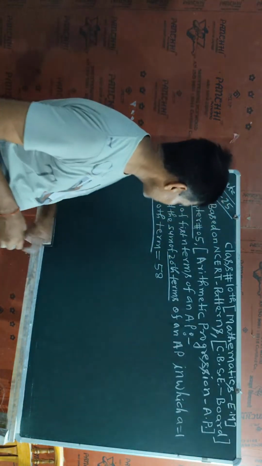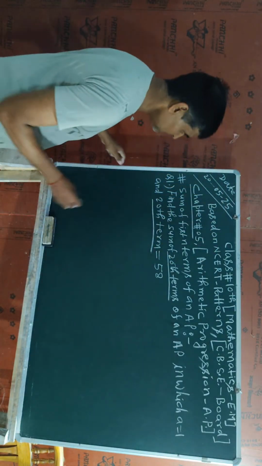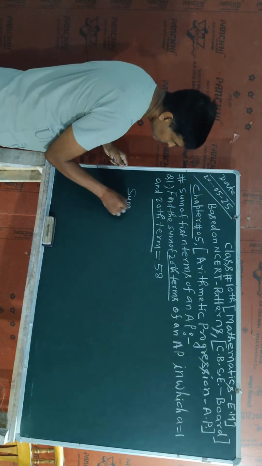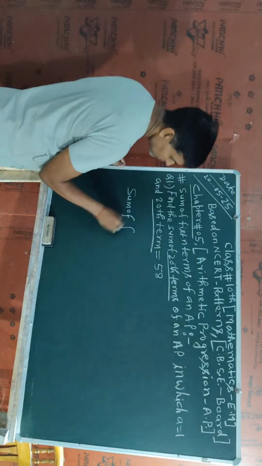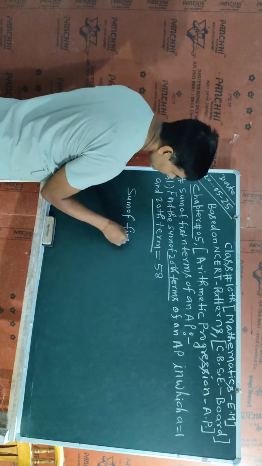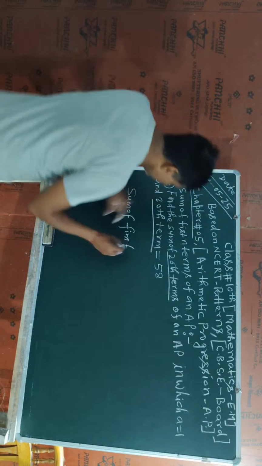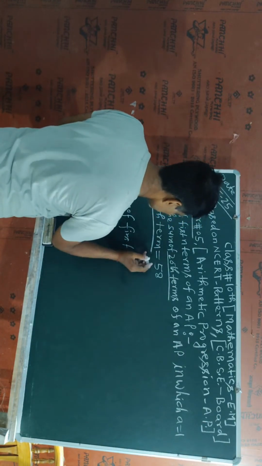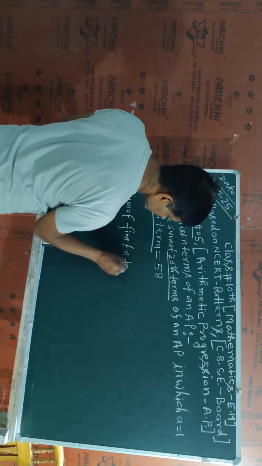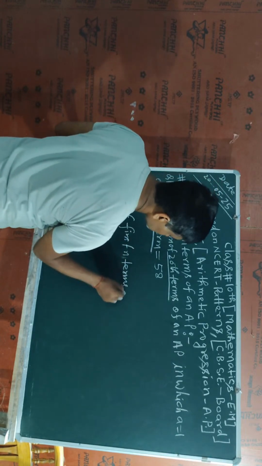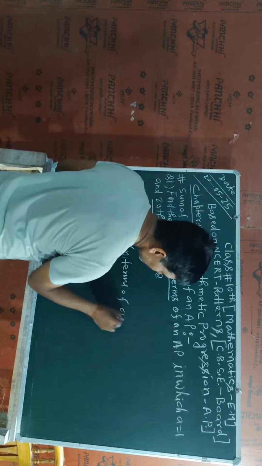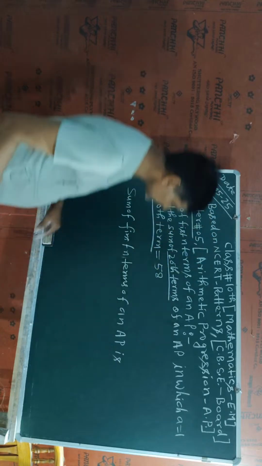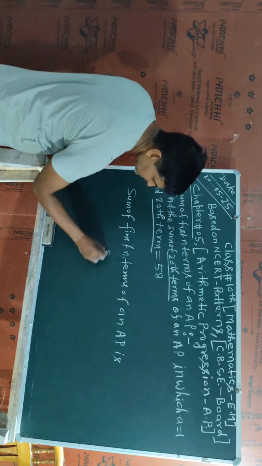Now I am going to write the sum of the first n terms of an arithmetic progression, which is written as S_n.